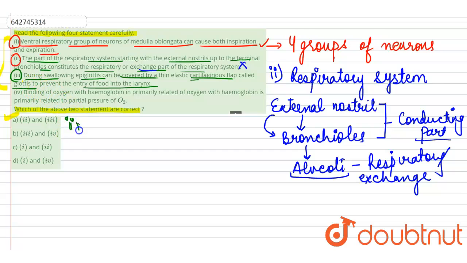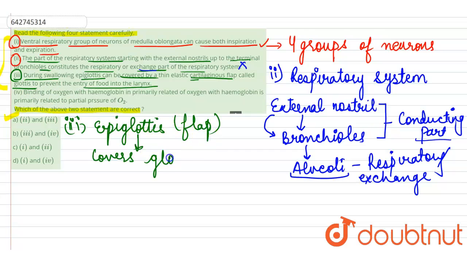The epiglottis is the cartilaginous flap that covers the glottis to prevent the entry of food into the larynx. The structure it covers is the glottis, and the flap-like structure is the epiglottis. So this is also an incorrect statement.